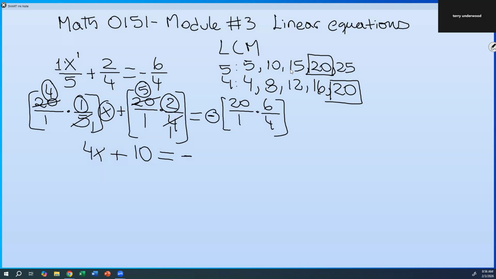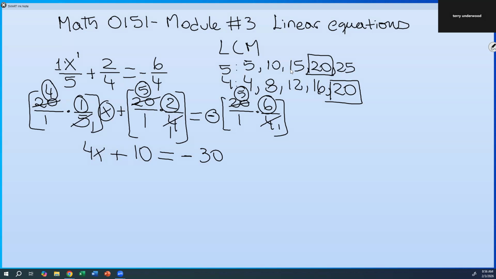And then I will do the same thing in the third bracket. How many times 4 going in 4? Once. No more denominators. How many times 4 going in 20? 5 times. And the only thing I have is 5 times 6, and that will be 30, negative 30. Because I have 4x plus 10 is equal to negative 30.